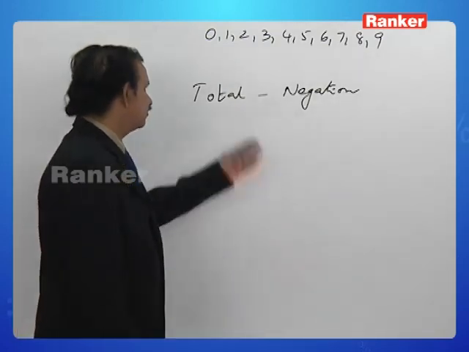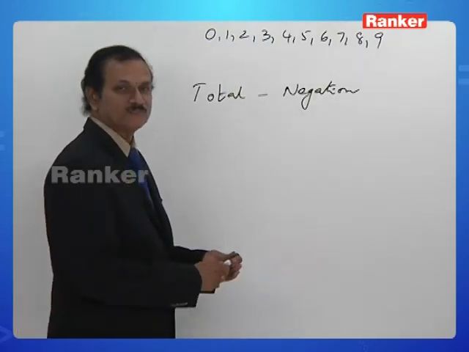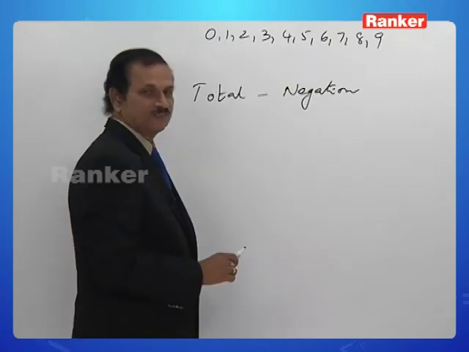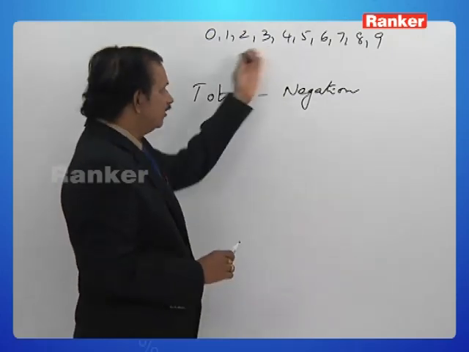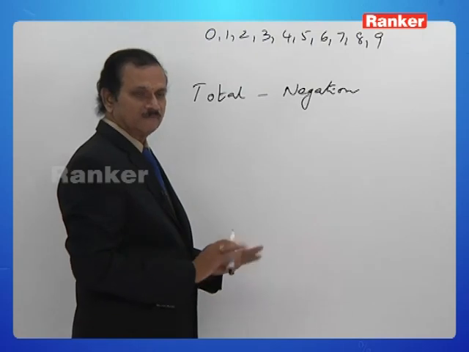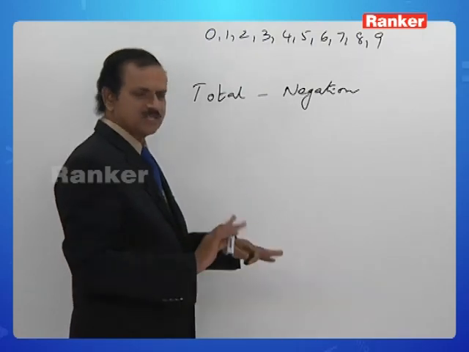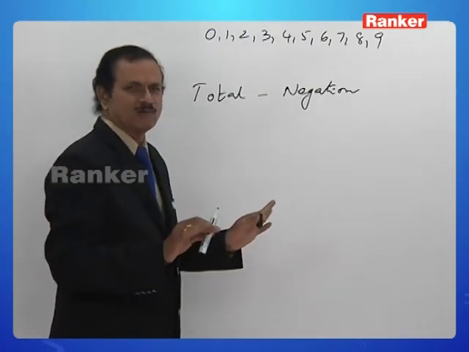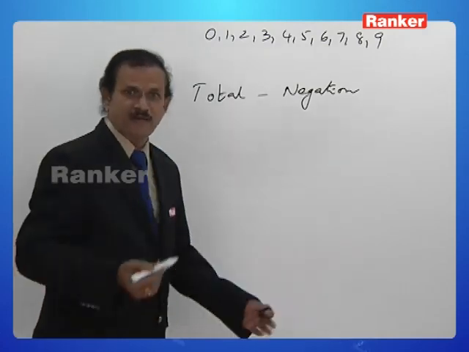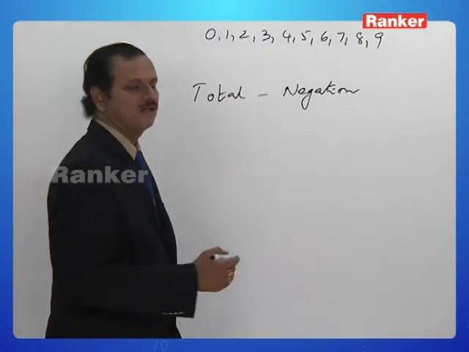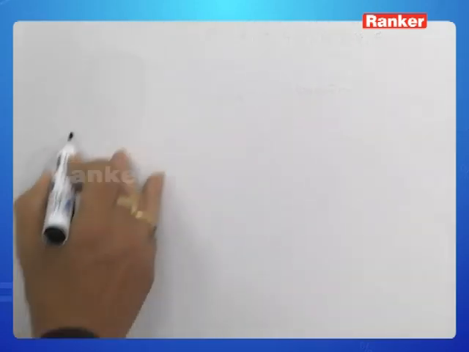Well, what does the word total mean? 5-digit numbers are required. These are the digits given. With repetitions or without repetitions, totally. What is the total number of things? What is the total number of arrangements? That is 5-digit numbers. Let us see. Total.